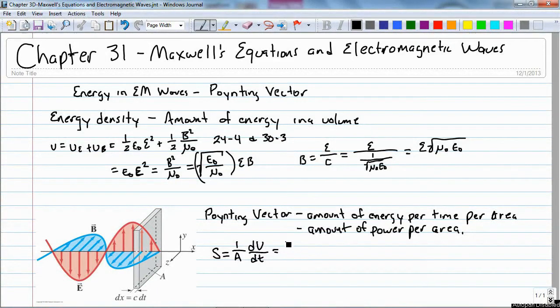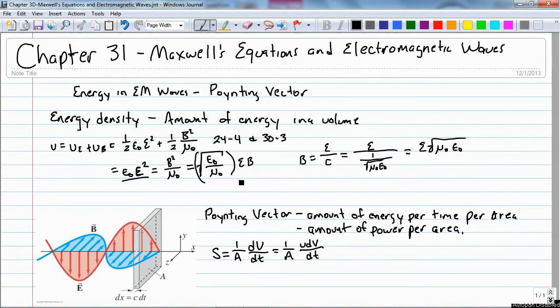And we can change the derivative of the energy to be some constant energy times a changing volume. And now I can put in my relationships from above.